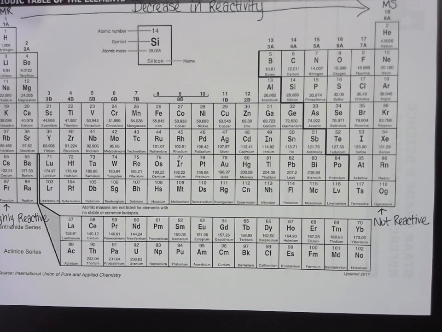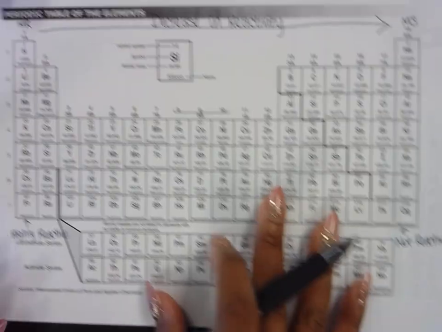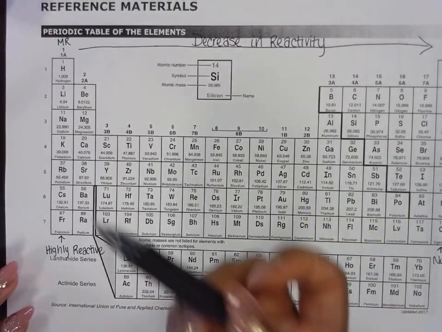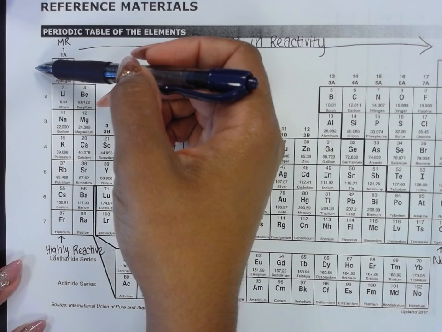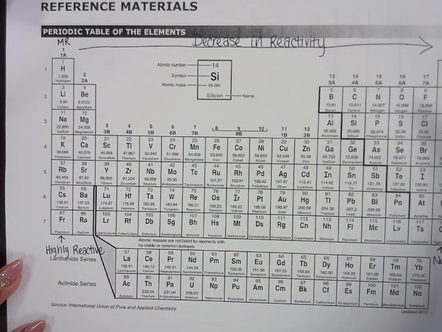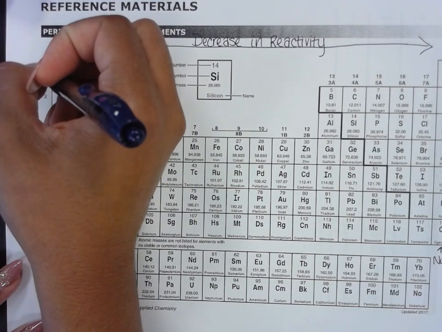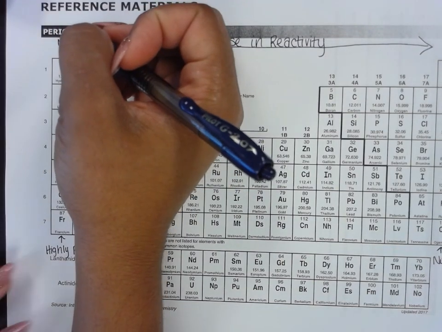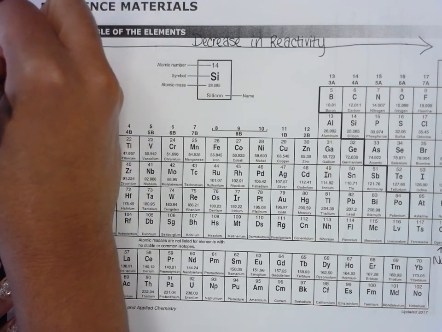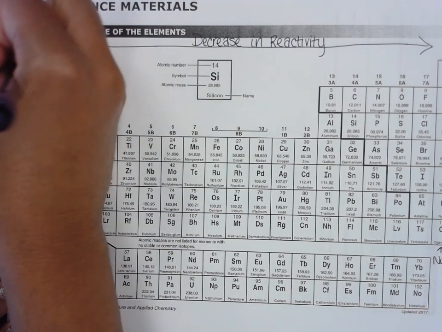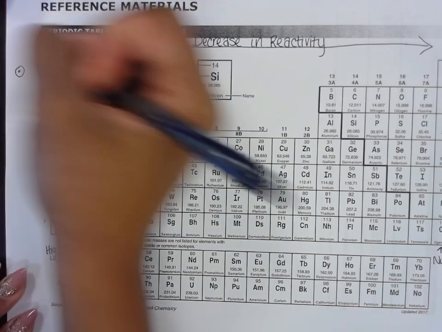Now, let's talk about periods and valence electrons. Periods run from left to right. Periods also tell us how many energy levels we have. So, elements in period 1 have the nucleus and 1 energy level.